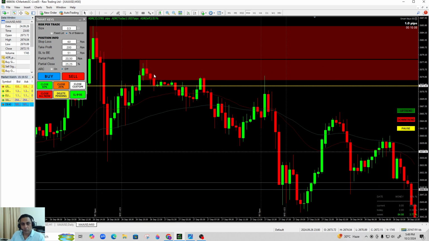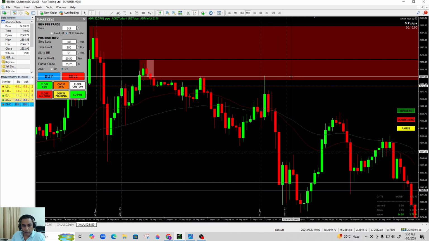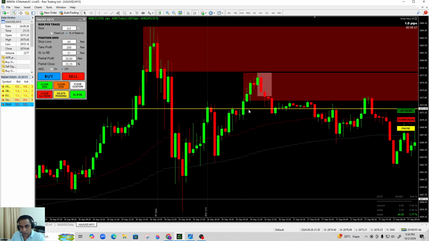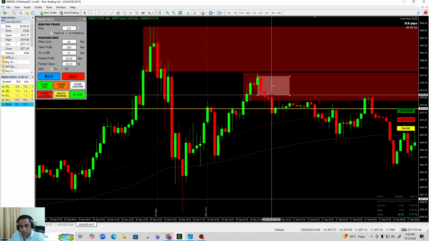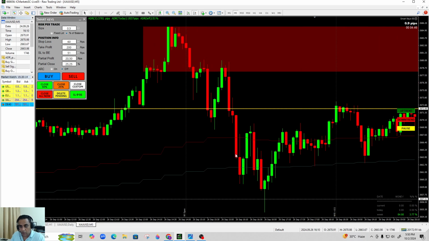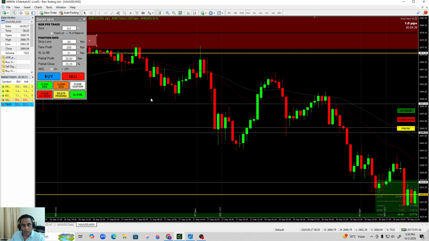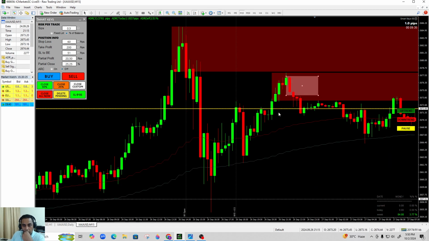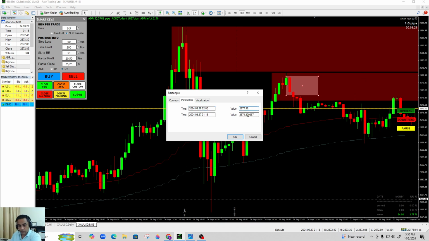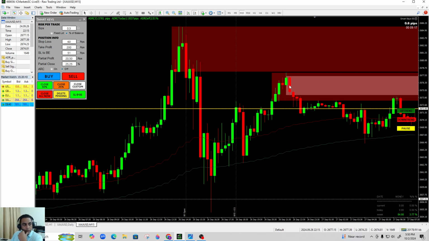That candle there started that move down, but price has tapped it, and inside that candle is this M15 candle. Yeah, that's fine. Low 423. Okay.